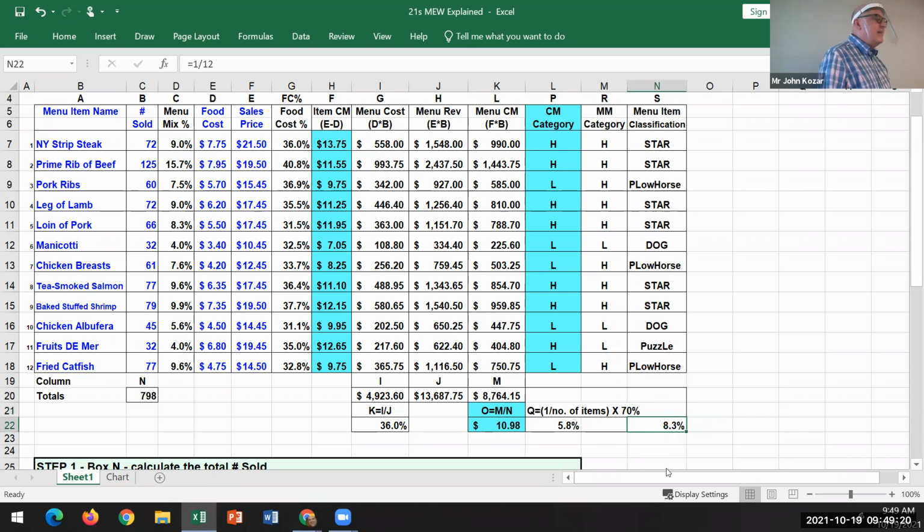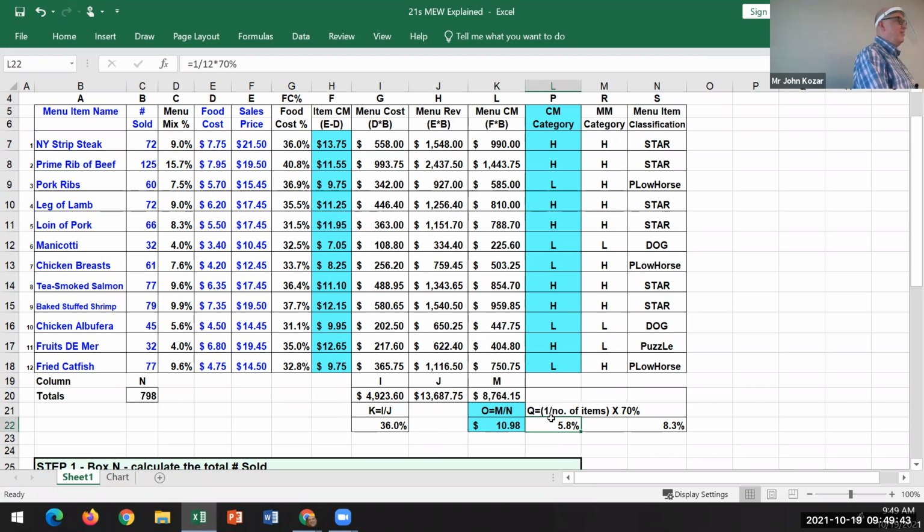If I did that, it would be 8.3%. The average down here is 8.3%. But instead, we're multiplying it by 70%, and we're going to use this number of 5.8%.